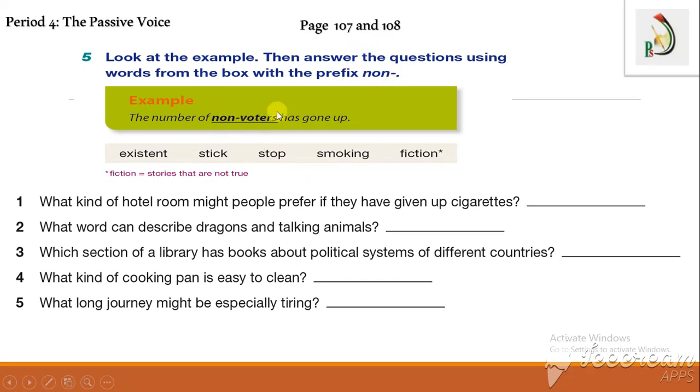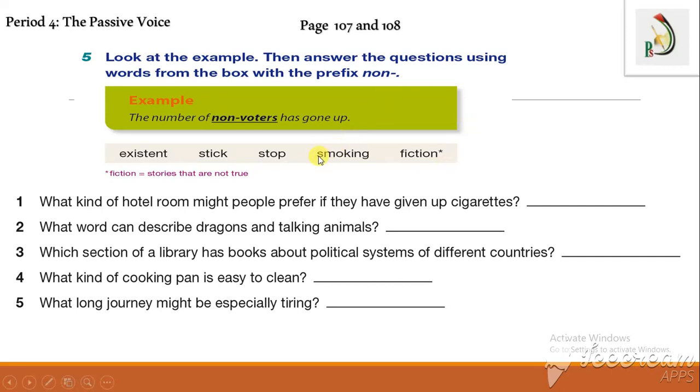Voters are the ones who vote, who give their opinion about a candidate, who select a candidate in election. But non-voters will be the people who do not vote. Stop means it is no more moving. But when I add non in front of stop, it will be continuing, non-stop.